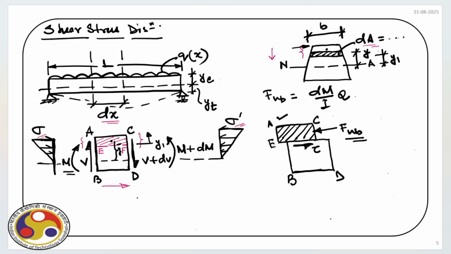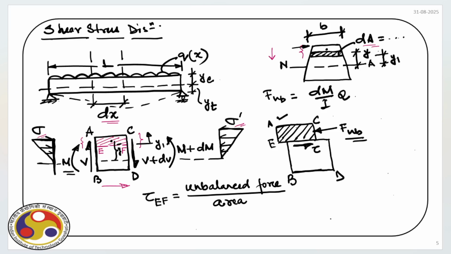Now what is tau? Tau, or to be more precise, tau at the section EF is equal to unbalanced force divided by the area. Now we can easily quantify the area of the cross section.